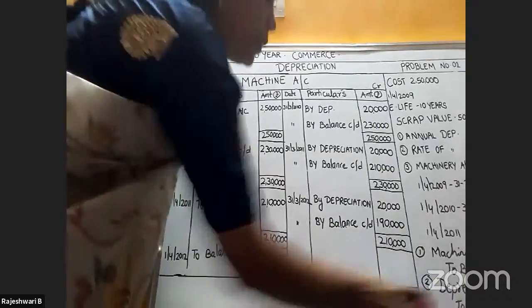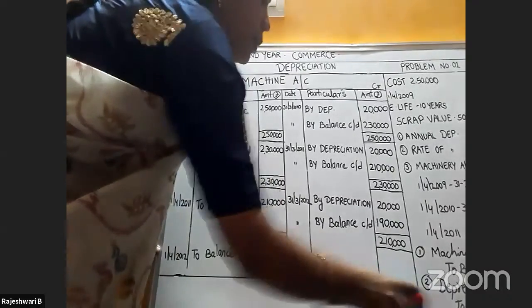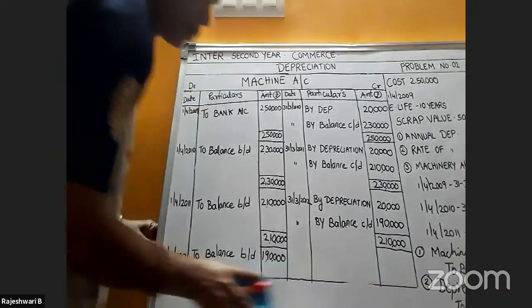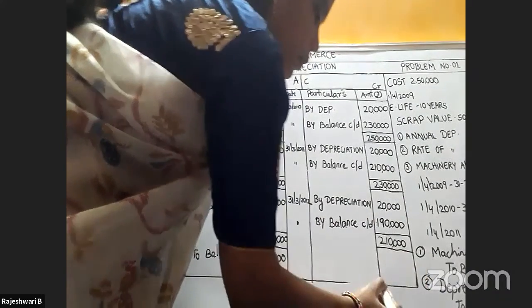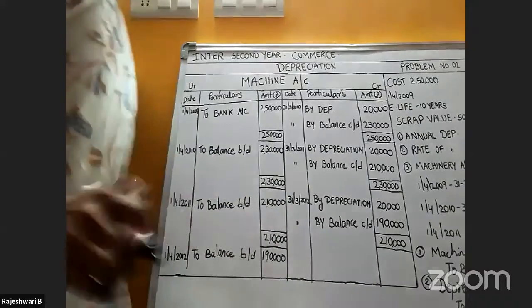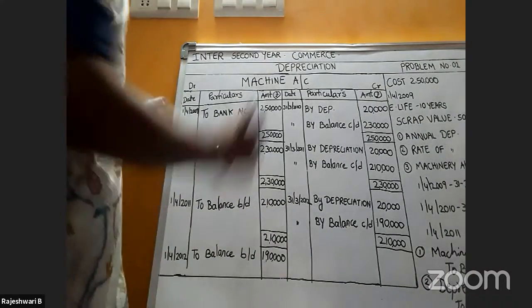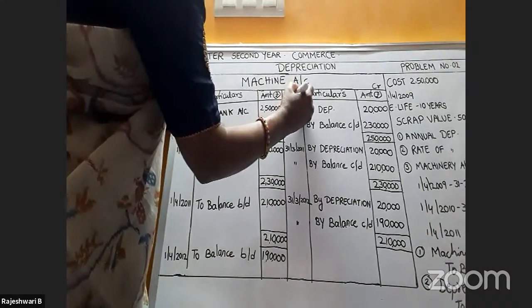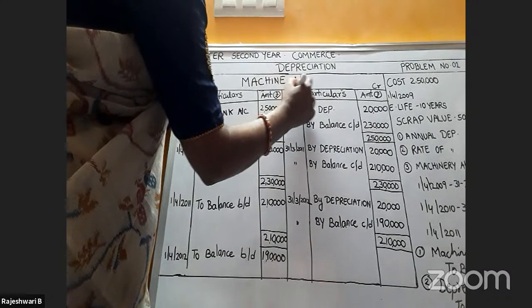Machine account. This is the machine account, prepared for 3 years.